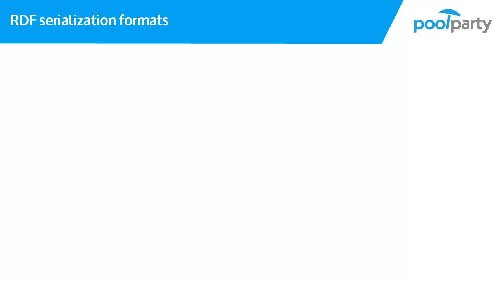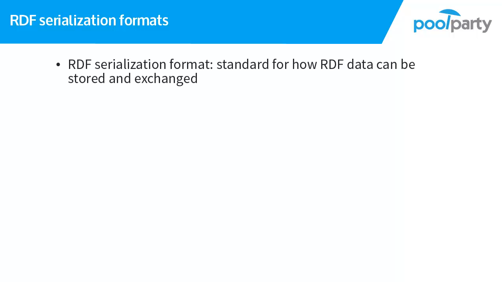The RDF data model and standard ontologies alone are not sufficient to be able to create and manipulate, and in particular to exchange RDF data. To do this, we need yet another set of standards that define how RDF data can be written down. We need serialization formats for RDF data.